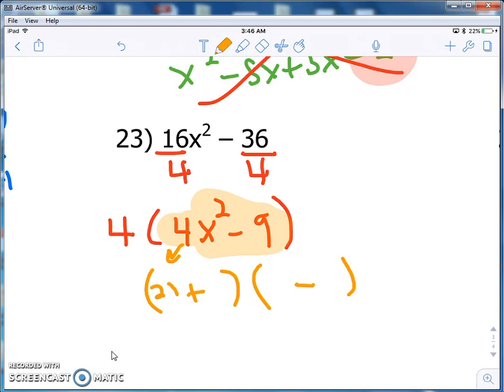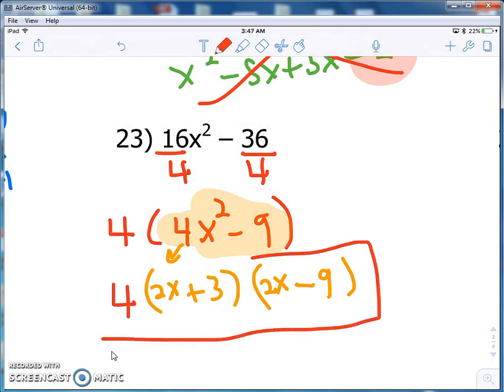So square root of 4x squared is 2x, square root of 9 is 3. And don't forget to bring down that original 4 out front. And there's your full factorization. So again, the 3 comes from the 9. If you need to pause, go ahead and pause.